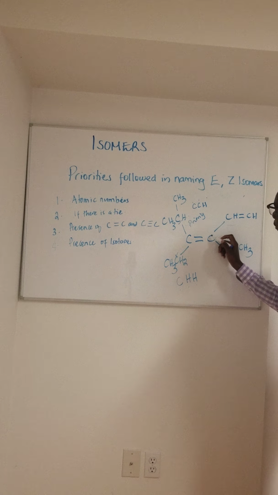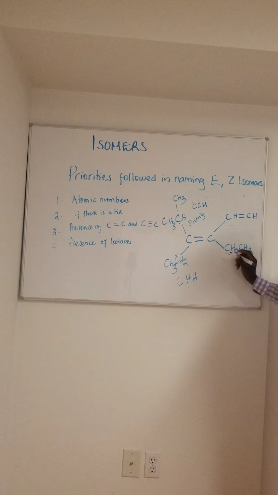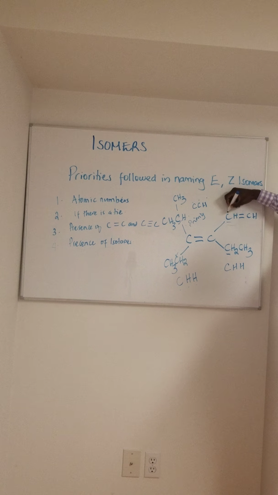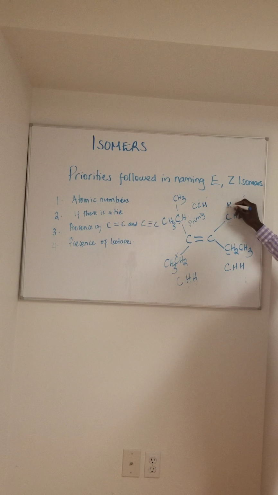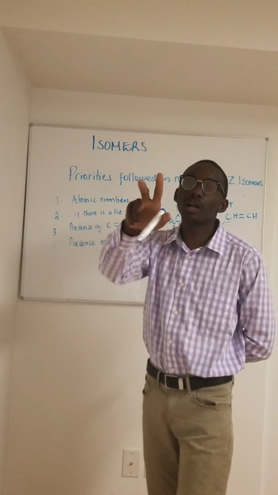So this carbon is bonded to a carbon and a carbon. So this other carbon again is bonded to a carbon and 2 hydrogens. Whereas this carbon is bonded to a hydrogen. Now if we have a double bond, we take those to be 2 carbon atoms.